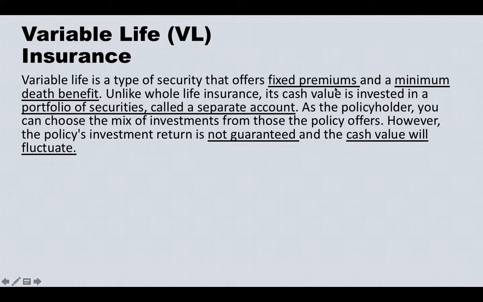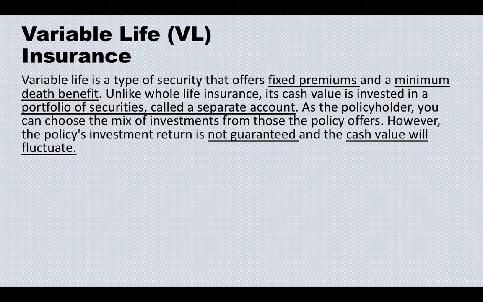So they offer a fixed premium. So the premium is fixed. Then a minimum death benefit. You can see the death benefit, they only guarantee the minimum; it can be higher. We'll talk about that later.